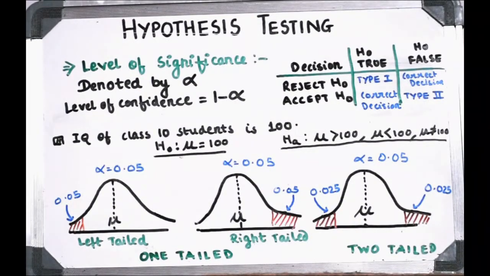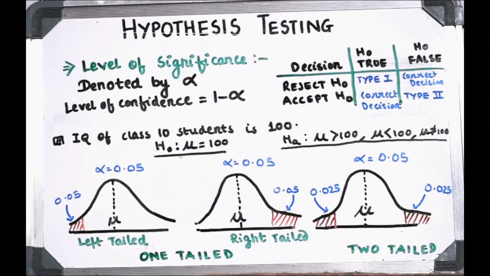The level of significance is 0.05, which means the level of confidence is 95%, meaning we are 95% sure of what we are claiming, right? If the confidence level is 95%, that is 0.95, the level of significance would be 1 minus 0.95, that is 0.05. The level of confidence can be 99% also, or 90%.